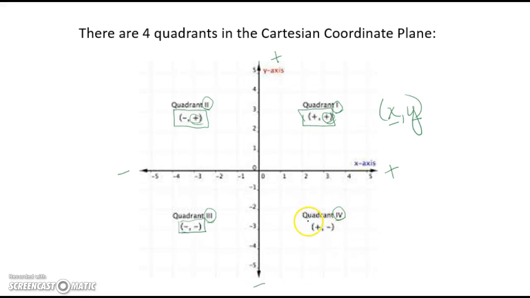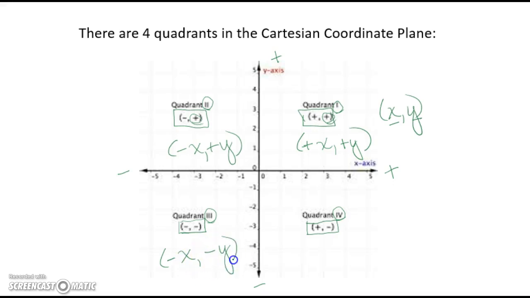And finally, in quadrant 4, we're back to the positive end of the x-axis, but still on the negative end of the y-axis. So we know some things about the coordinates of points depending on which quadrant we're in. And that plays a role for us when we find our sine and cosine of theta in the plane.